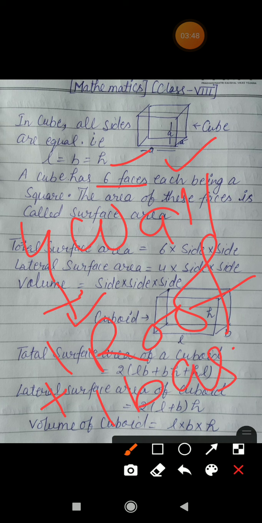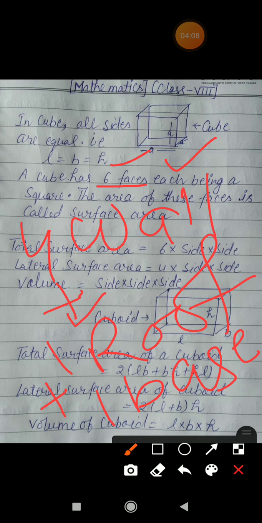So did you understand the meaning of face? A face is nothing but a wall that helps to create the cube or cuboid. So in a cube or cuboid, the total number of faces is 6.